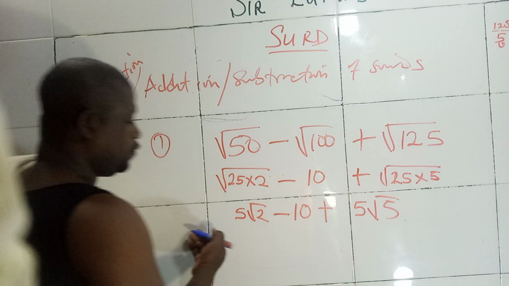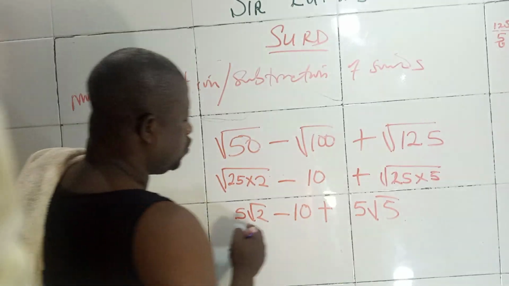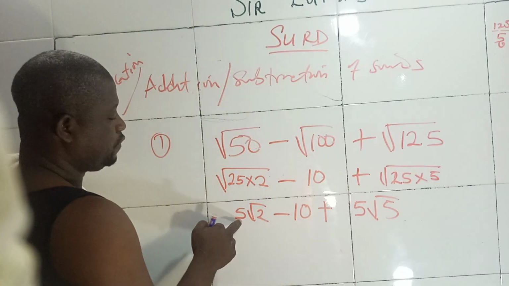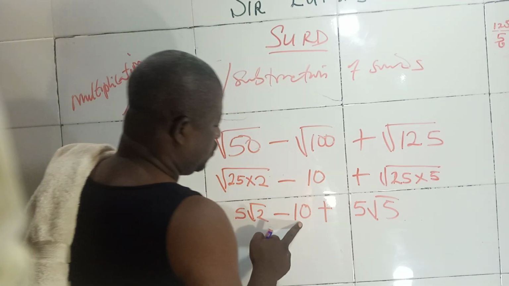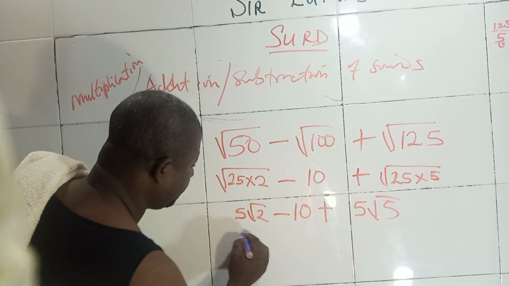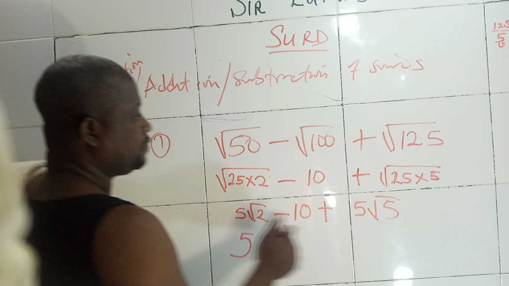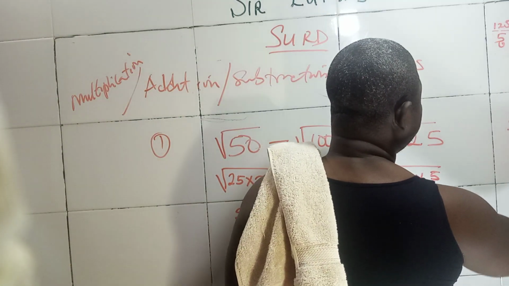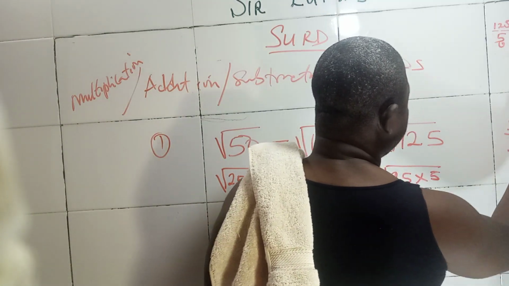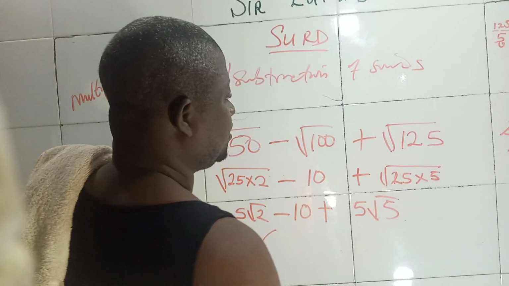So if you now want to further re-express this, we look at what can go in all this. 5 can go in this, 5 can go in this, 5 can go in this. So if you divide through by 5, it will now be 5 into bracket, 5 root 2 divided by 5, 5 root 2 divided by 5, because they have told us to simplify this.